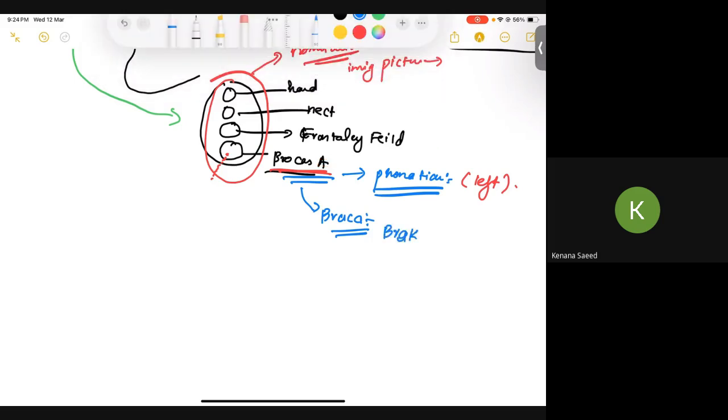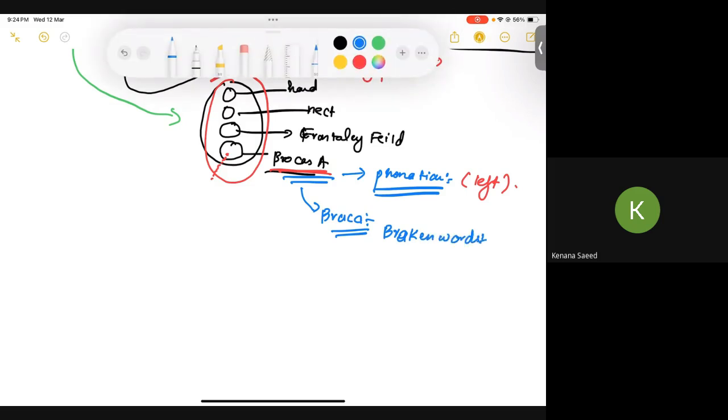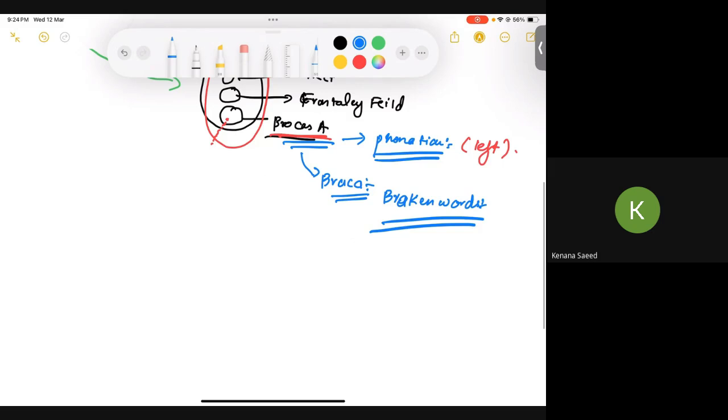He cannot speak fluently, but whatever he is speaking would make sense. The comprehension is present, but the words would be broken. You have an MCQ on that. The words would be meaningful but broken, like "how are you," like that. Is that clear?